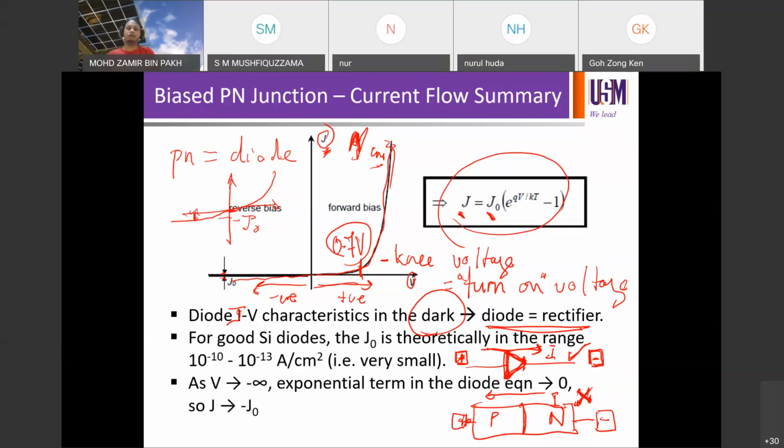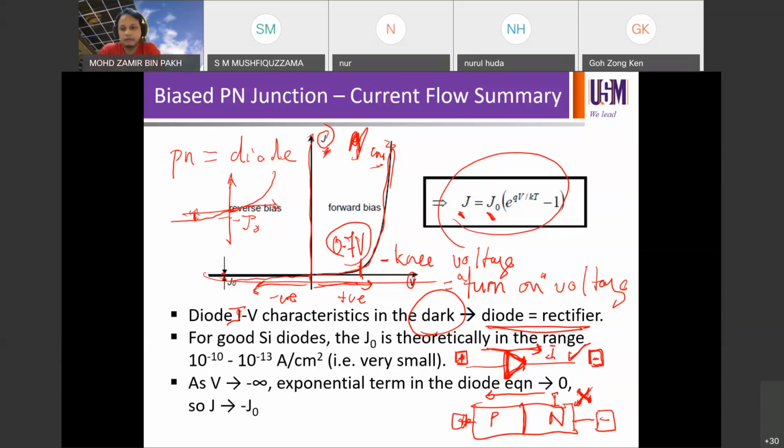Yes, right? So if you relate this connection with this JV curve, where is it on the curve? Where is it on the curve that we're talking about now? Forward biasing the diode, the junction, so that the current can flow.